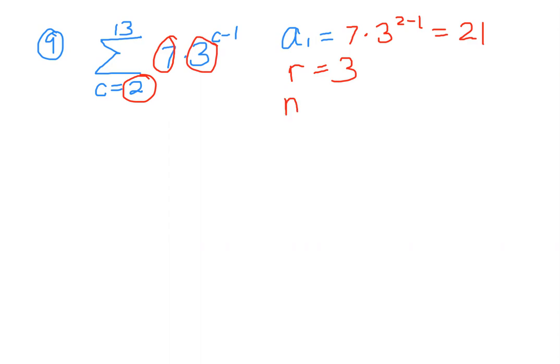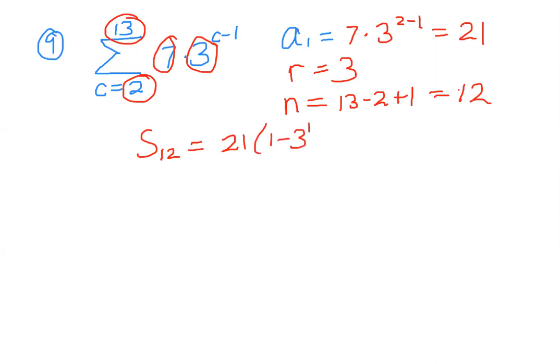And n is 13 minus 2 plus 1, like we did before. 13 minus 2 is 11 plus 1, so n is 12. And then we get 21 times 1 minus 3 to the 12th over 1 minus 3, and you should get this.